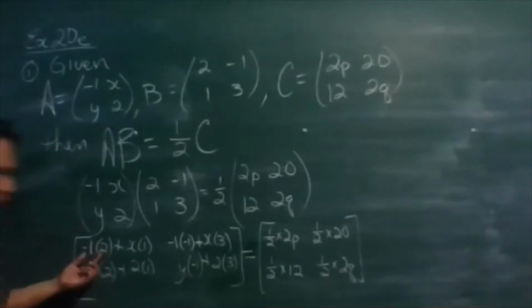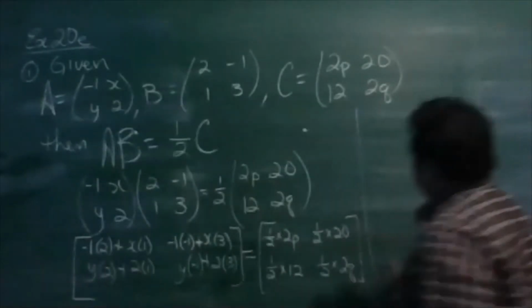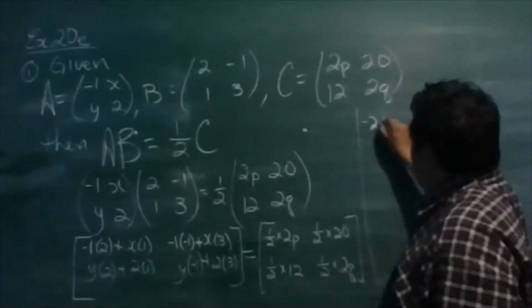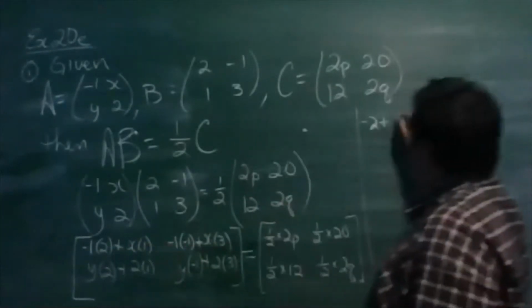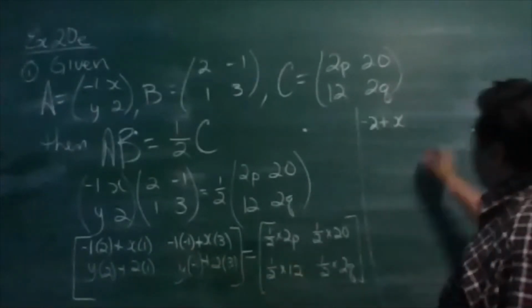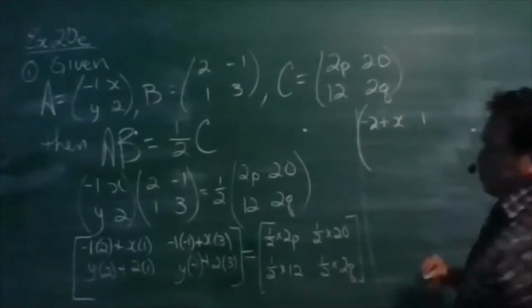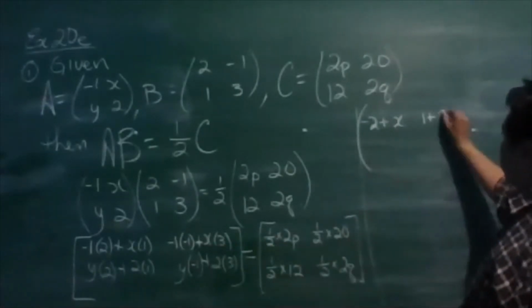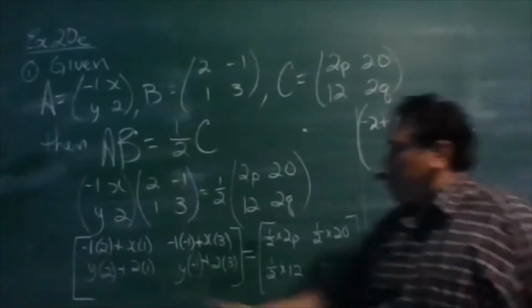Negative 1 times 2, that's going to be negative 2, plus x times 1 is simply x. Negative 1 times negative 1, that's a positive 1. Plus x times 3 is simply 3x.